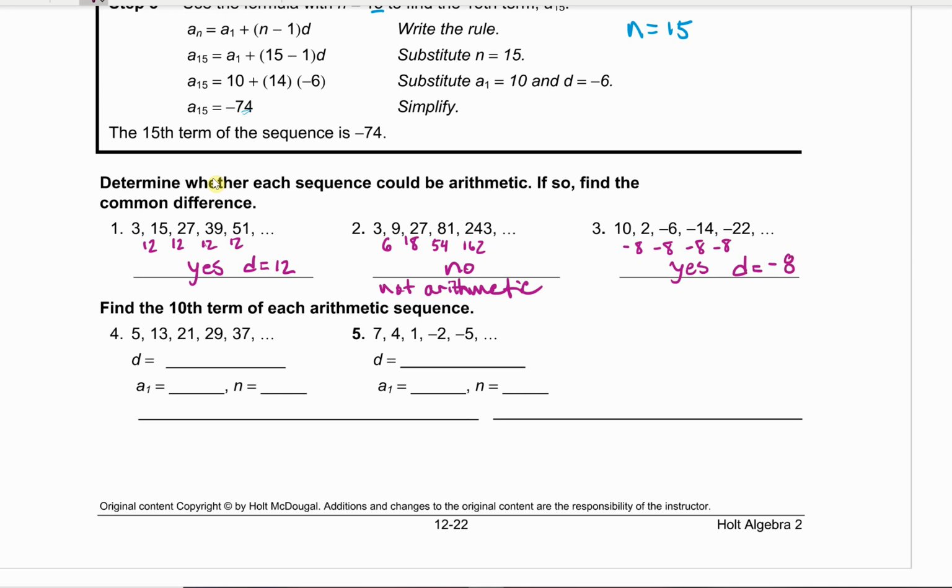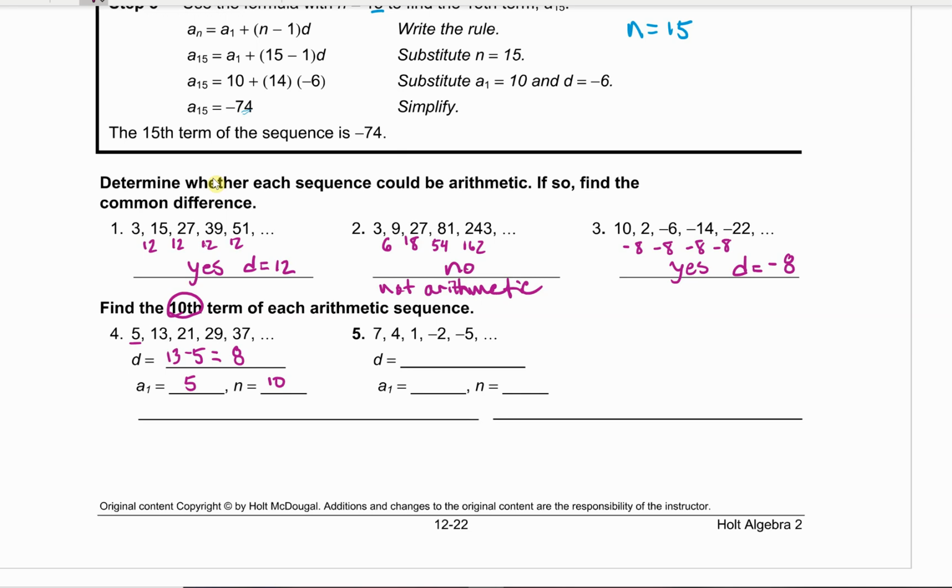All right, so here we want to find the 10th term. So here we have to first find d. So I'm just going to do 13 minus 5. That is 8, right? Yep. a1 is 5. That's my first term. And n is 10.